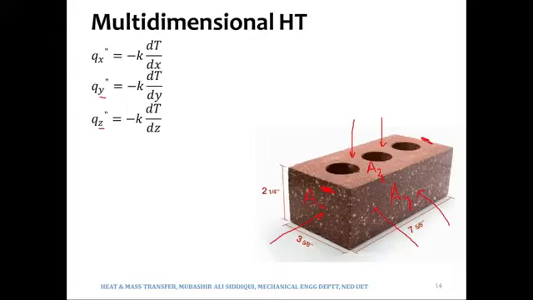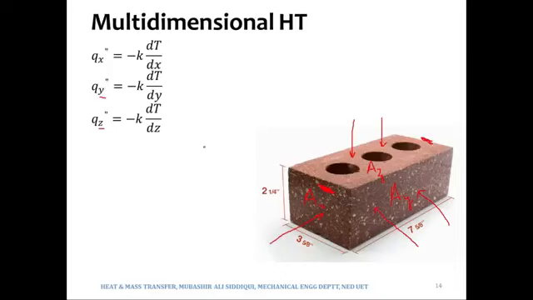Depending upon the temperature difference in X direction means what temperature do we have over here and what temperature do we have at the other end. If the temperature difference between this face and this face is smaller, the heat flow would be smaller. And if the temperature difference between these two faces is large, then more heat will be transferred. So the heat transfer in fact depends upon the temperature difference, right?